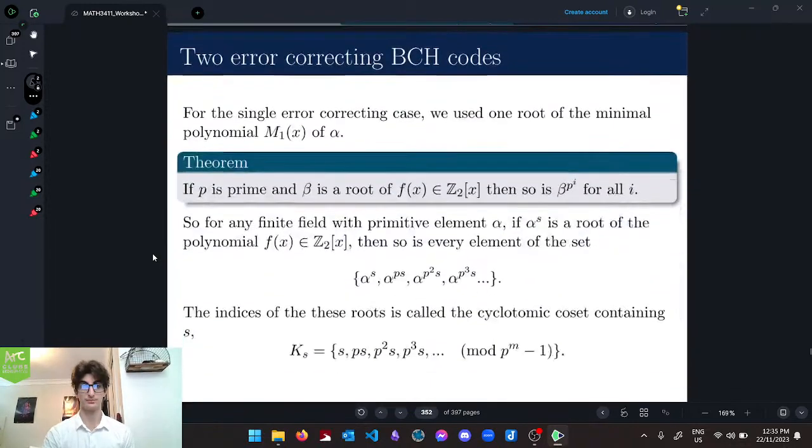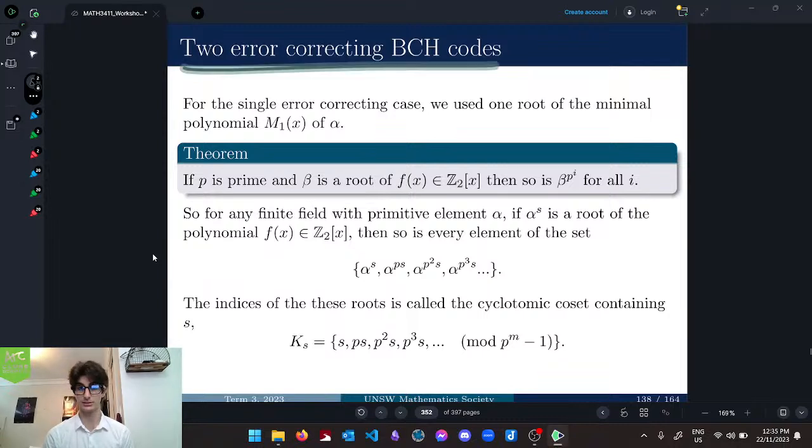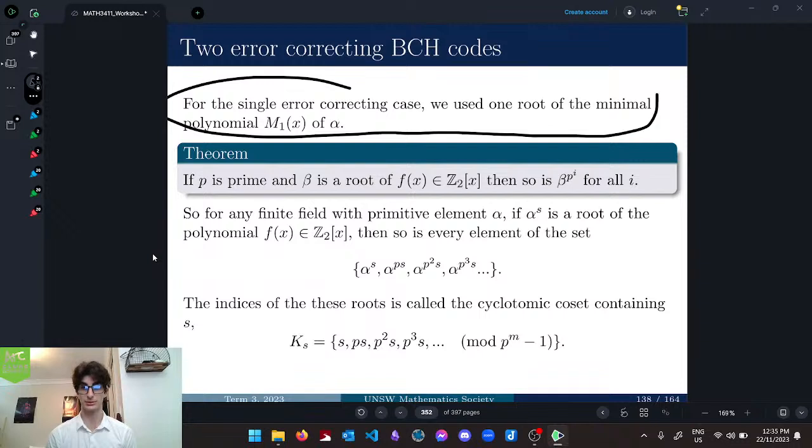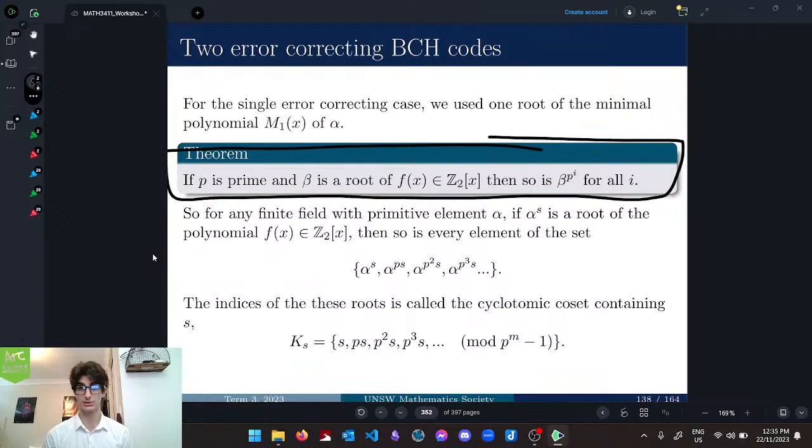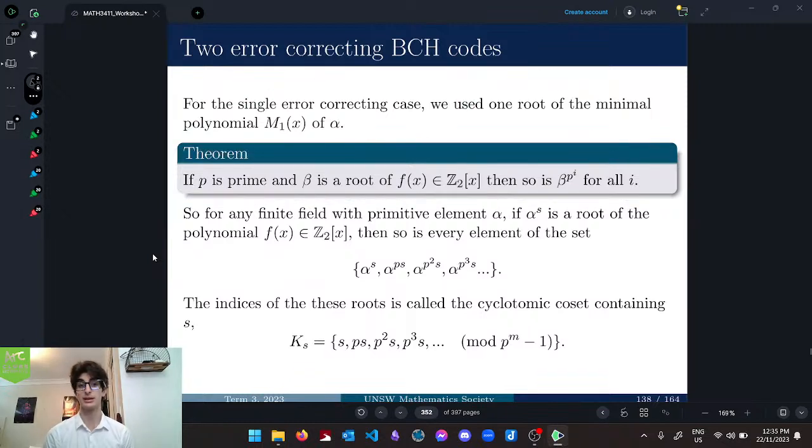Okay, so now with 2 error correcting BCH codes, we'll be going on to pretty soon. For the single error correcting case, we used one root of minimal polynomial, M1. We'll note a helpful theorem to expand this idea to allow for 2 error correcting.